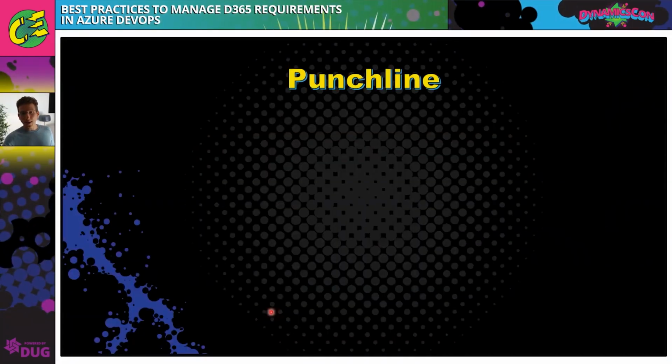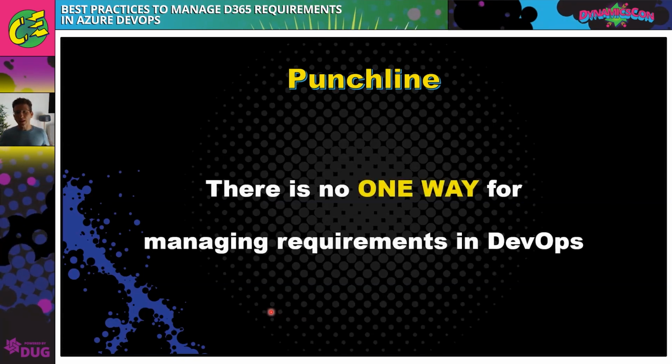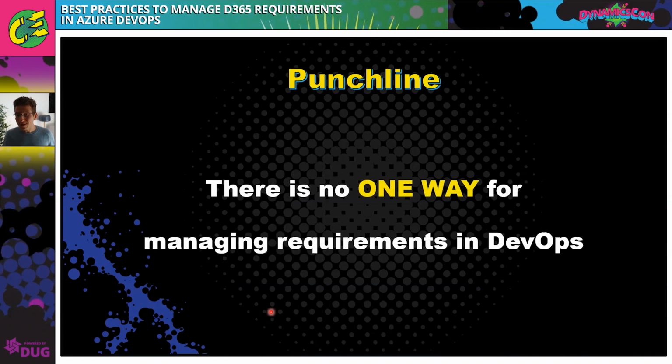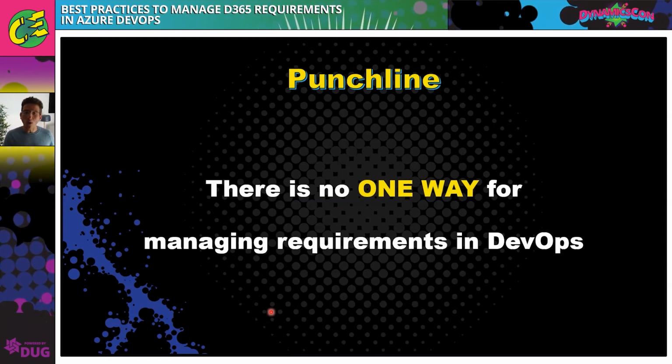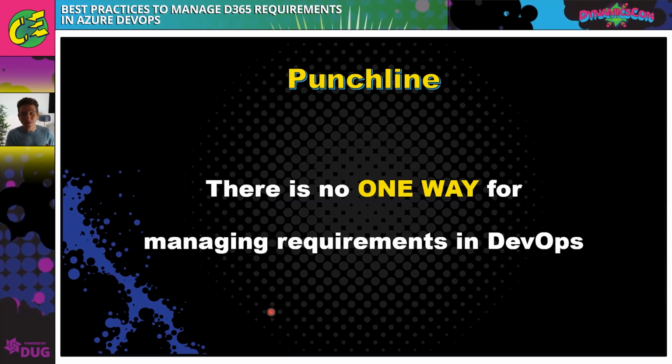The punchline I wanted to give you is that there is no one way of managing requirements in DevOps. Each client is different. Each project is different. Each client has a different understanding of how to manage requirements, a different culture, and a different level of knowledge as well. So you will have to pick and choose for your clients based on what they need.